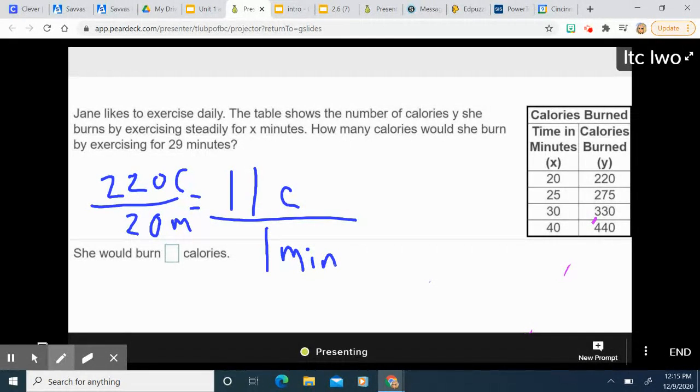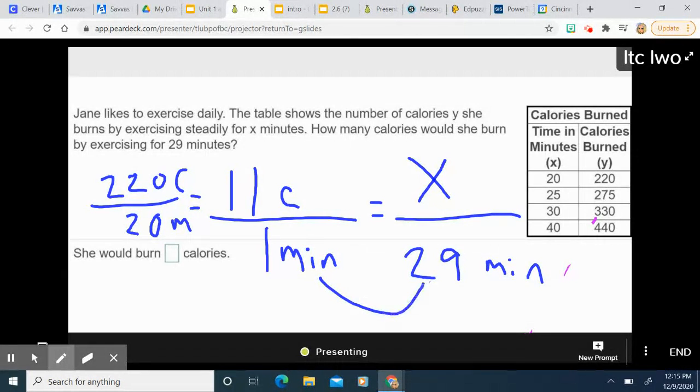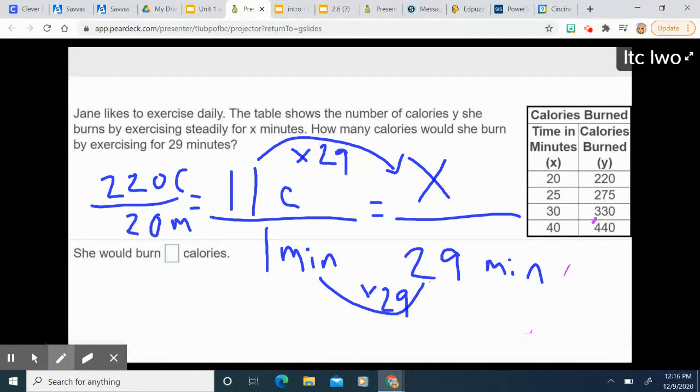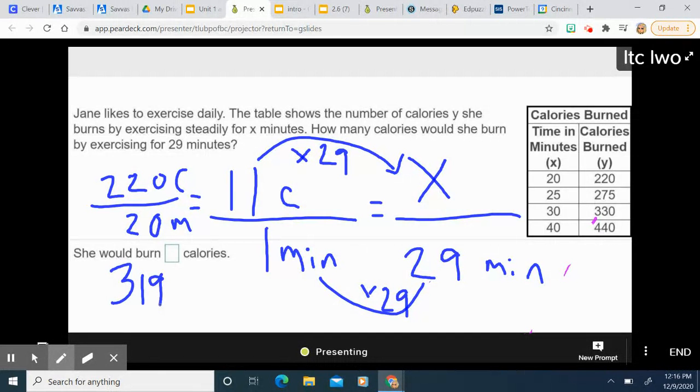They want to know, well, how many calories, x calories, will she burn in 29 minutes? So in order to get from 1 to 29, I multiply by 29. In order to get from 11 to what I'm trying to find, x, I also multiply by 29. And 11 times 29, 329, no, 319, 319 calories.